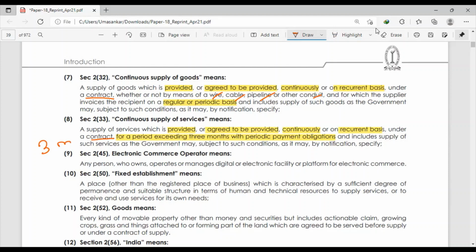Next definition, electronic commerce operator. Can anybody give an example of electronic commerce operator? Hello, am I audible? Okay, let me give.